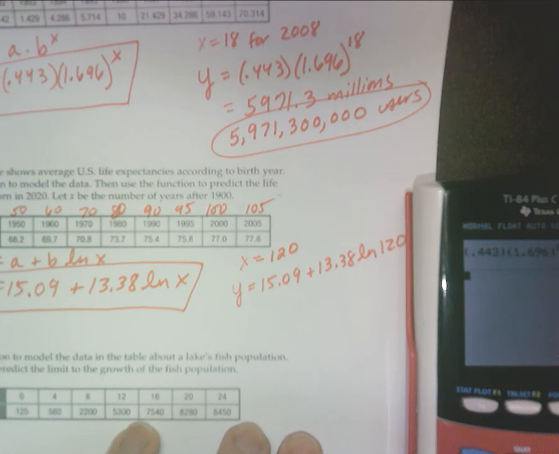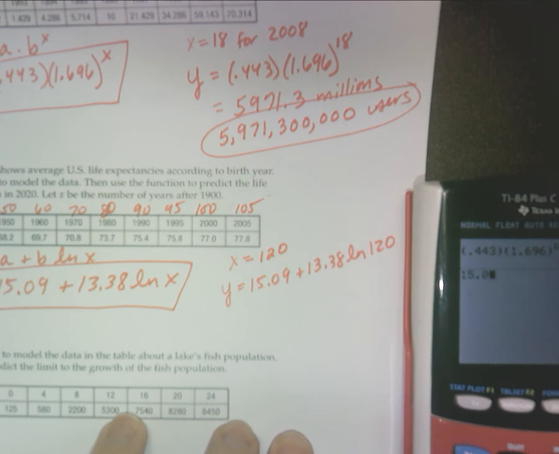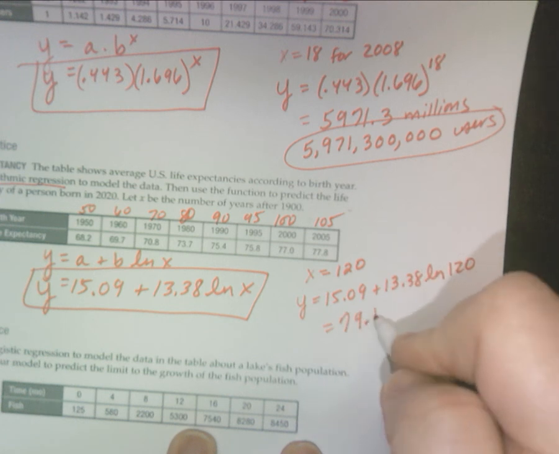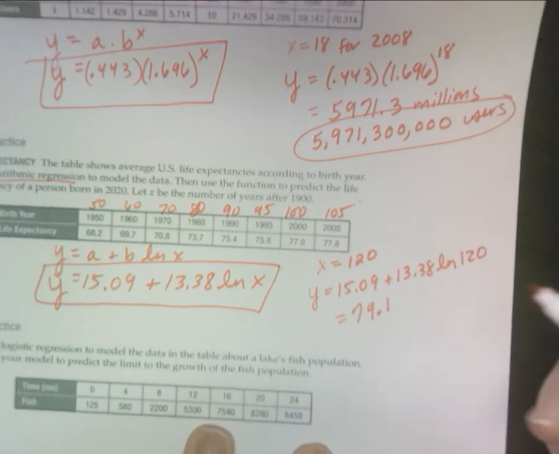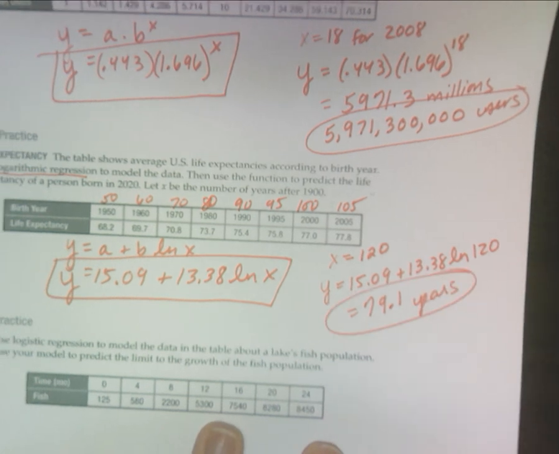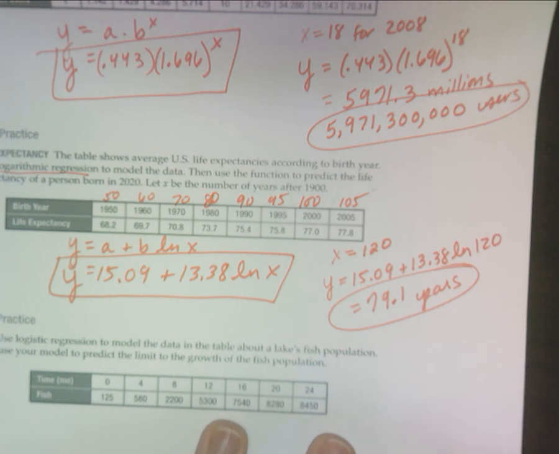So what do we got here? 15.09 plus, I'd like to put extra parentheses, 13.38 ln 120, close, 79.146. So about 79 years old. If they were born in 2020, they live to be about 79 years old.